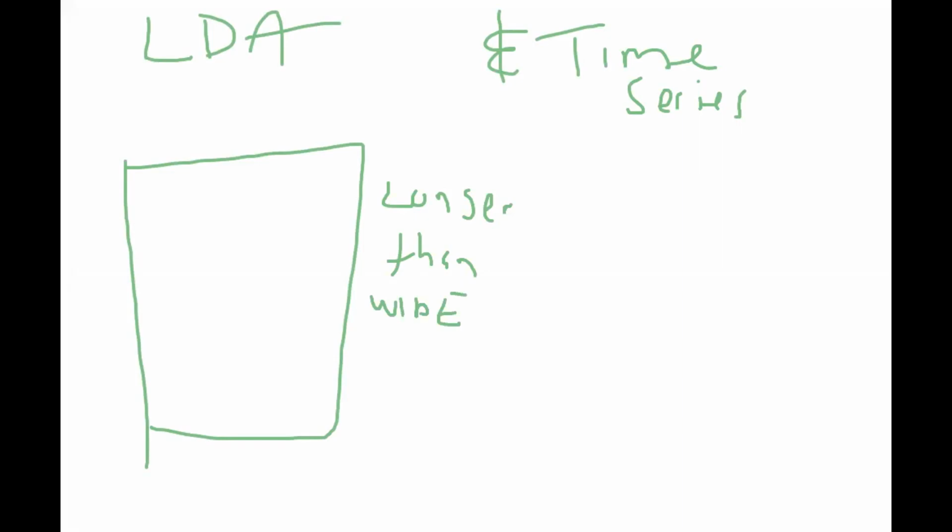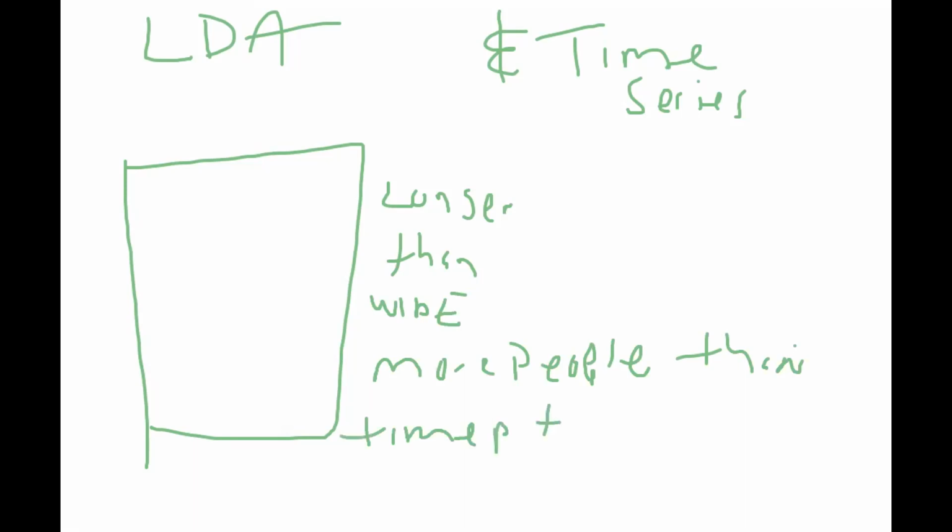And what I mean by that is, if we talk about repeated observations on a person, there's more people than time points. So in other words, there's more rows than columns, where columns are identified as different timing points.